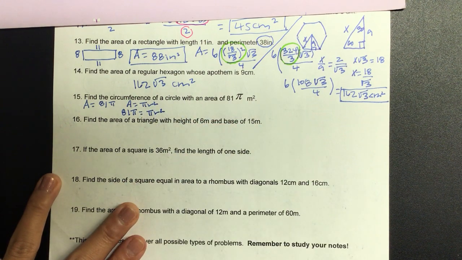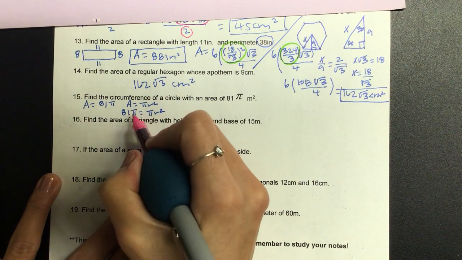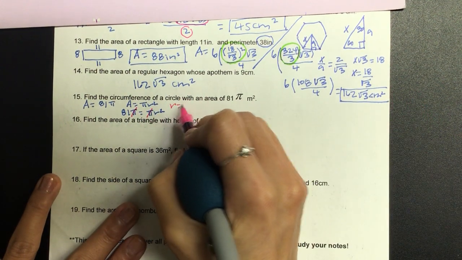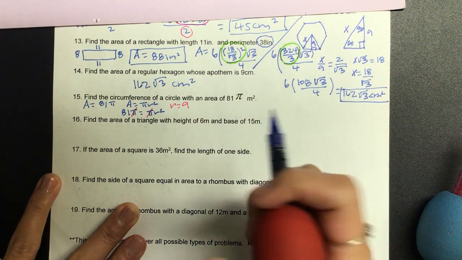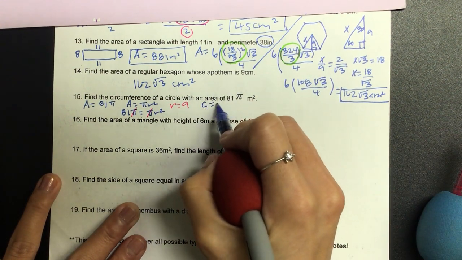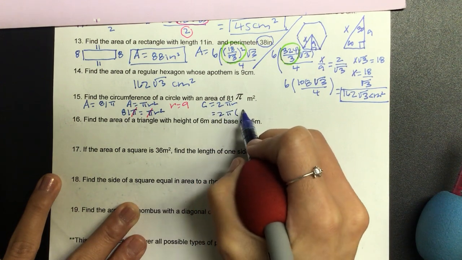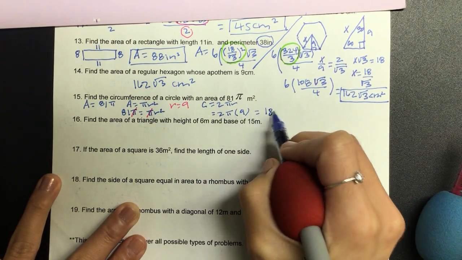Can I eliminate something on the left and the right? The pi. And then when I square root it, what is my radius? 9. And then let's do our circumference is 2 pi r, which is 2 pi 9. It is 18 pi meters.